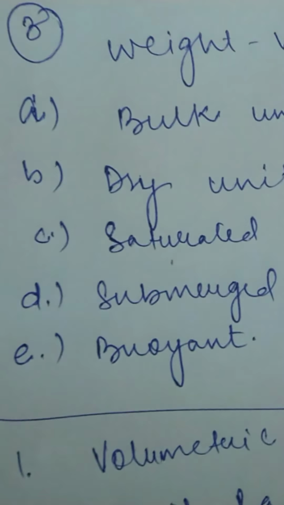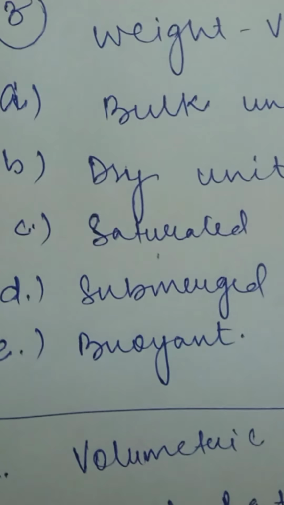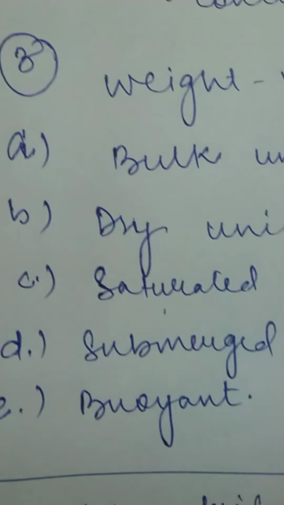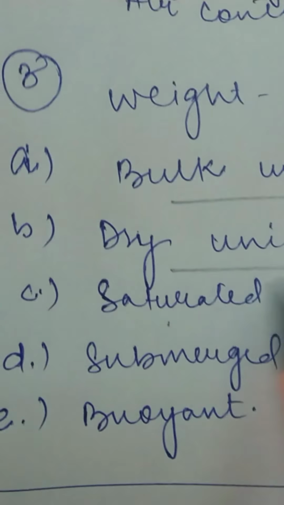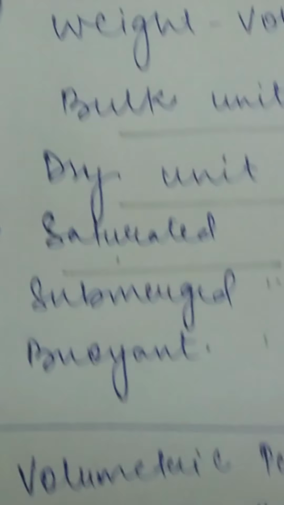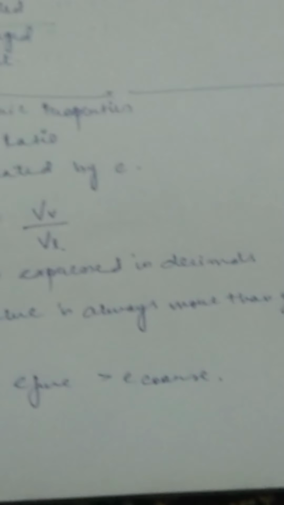In weight properties, it's the moisture content. Then the third type of physical properties that we will discuss is the weight-volume relationships. Under that we will cover the bulk unit weight, dry unit weight, saturated unit weight, submerged unit weight and the buoyant unit weight. And we'll continue in the next video.